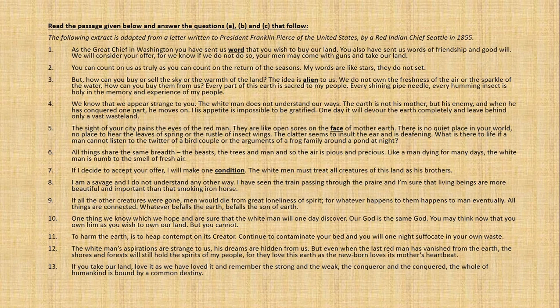So, you see here that in this passage, paragraph 1, the word has been written in bold and underlined as well. Similarly, in paragraph 3, alien has been bold and underlined. Paragraph 5, its face.